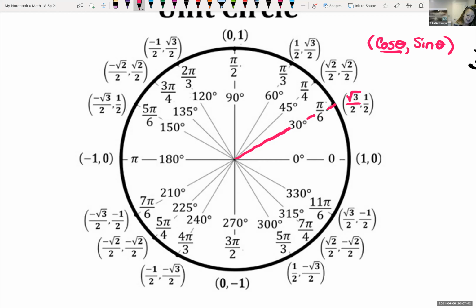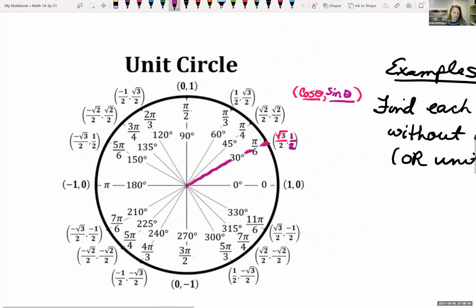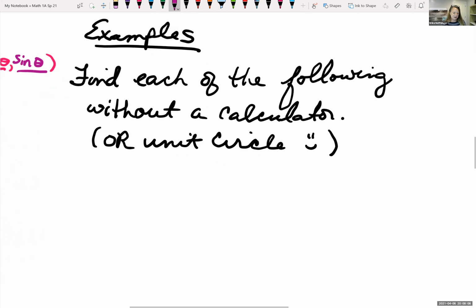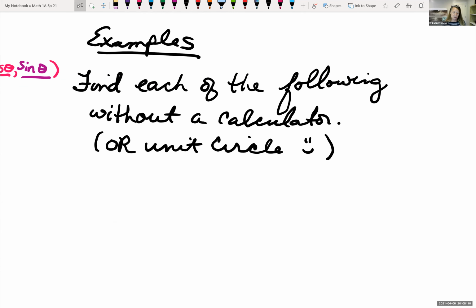If we were looking at the sine of pi 6, that would give us back 1/2. Quite a quick review. You should be able to find each of the following without a calculator or the unit circle.